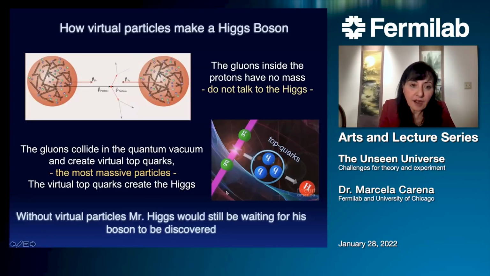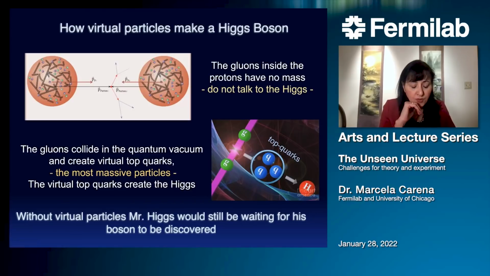So, for example, if you look at how the Higgs boson was discovered, you will see that virtual particles are at the core of it. So here we are doing what we do at LHC. We are smashing 2 protons, one against the other. And the protons are really made of quarks and gluons, that are the particles that glue the quarks among themselves.